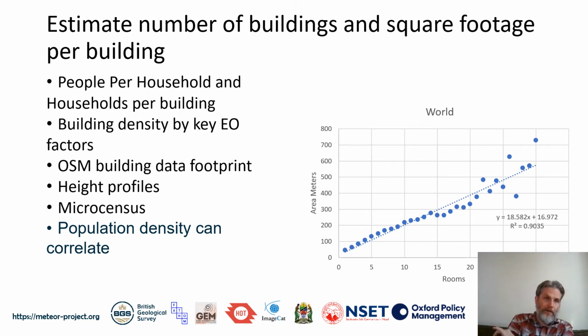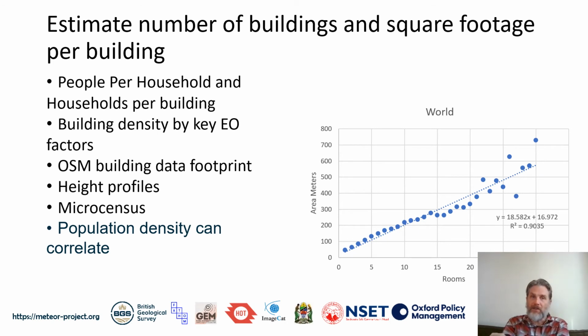Height profiles. This can be very important if you're trying to use that OSM data and you're trying to extrapolate height out of that. Microcensus data, if you can get your hands on it, depending on how much data a country has collected, can really be very valuable here.